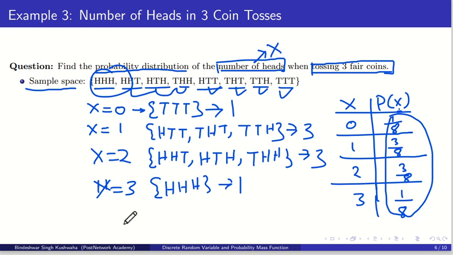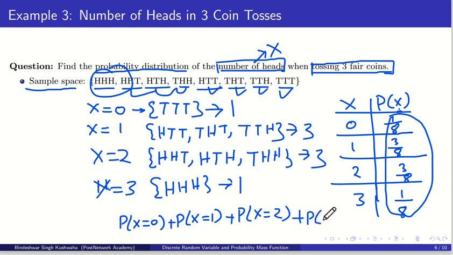And see that when you add P(x=0) plus P(x=1) plus P(x=2) and P(x=3), that will come 1 upon 8 plus 3 upon 8 plus 3 upon 8 plus 1 upon 8, and if you add, that will come 1.